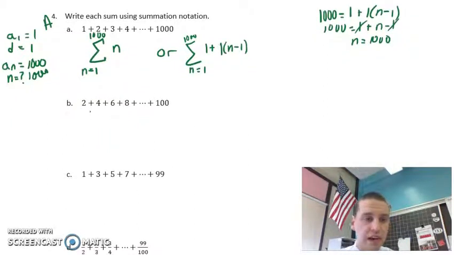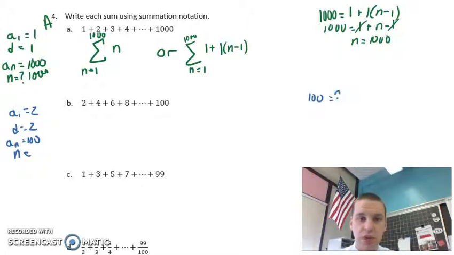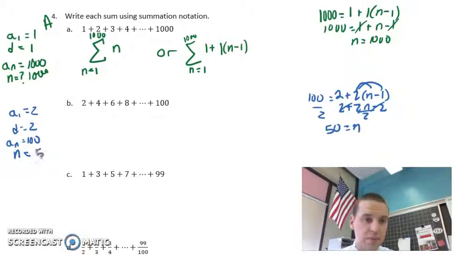Notice that we have our A1 to be 2, our common difference to be 2, our AN equals 100. Well, what is N then? If we go to the side, we have 100 equals 2 plus 2 times N minus 1. And again, if you did this out, distributing the 2, you saw that these 2's canceled, and you would divide by 2 to get 50 to equal N. So we're going to start at 1, go to 50, and again, I'm just going to copy that down.